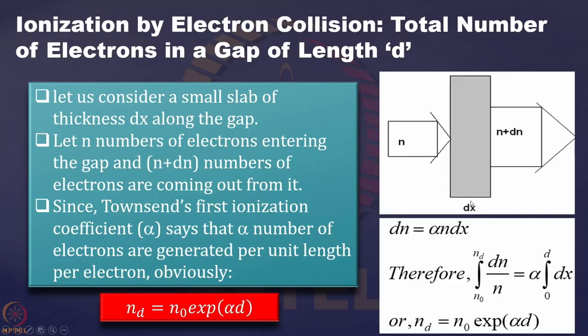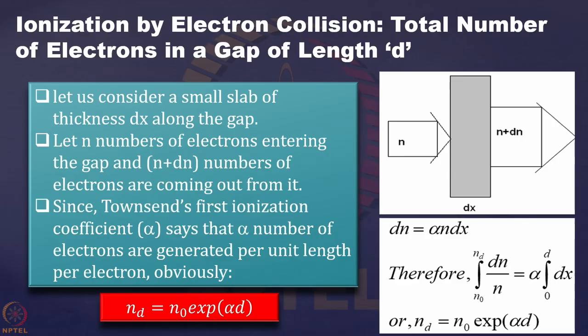The length that we have considered is dx. So alpha n into dx will be the same as dn. So as per our definition, dn equals alpha n dx. You just follow my arrow, then you will be able to understand what I am saying. So this is for a length of dx.